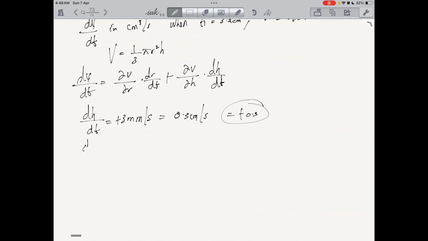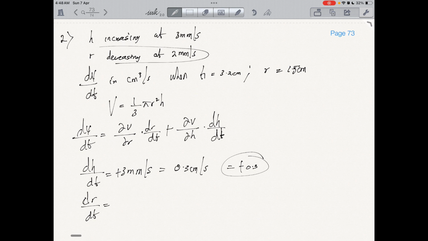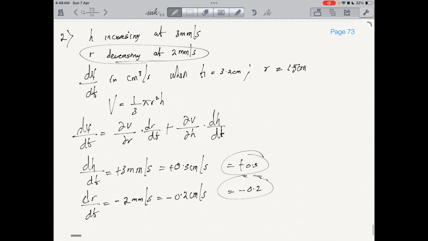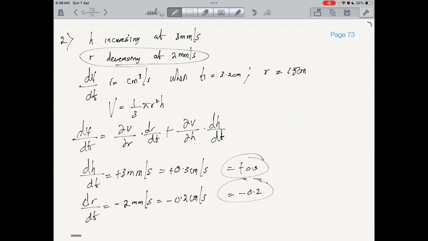Likewise we have for dr/dt. We said the radius is decreasing at 2 millimeters per second, that is minus 2 millimeters per second. Converting it to centimeters, we have minus 0.2 centimeters per second. Therefore dr/dt is minus 0.2. So with these parameters, you can pause the video and try to solve.